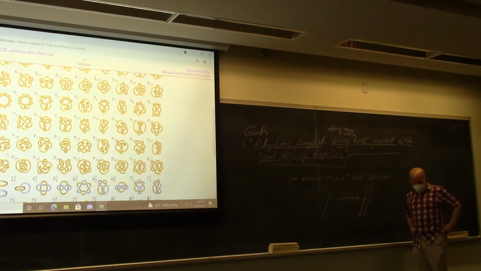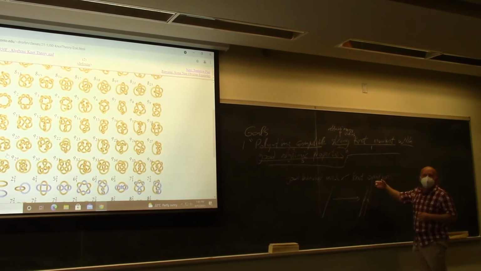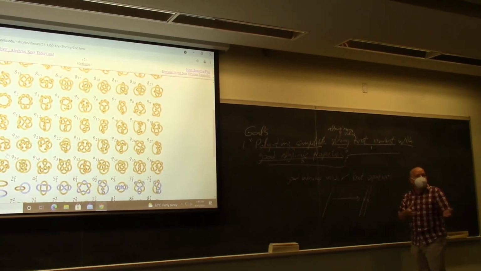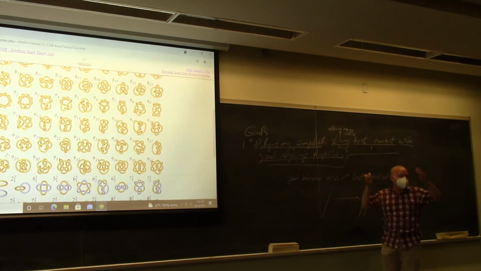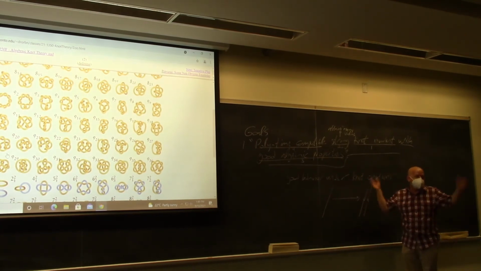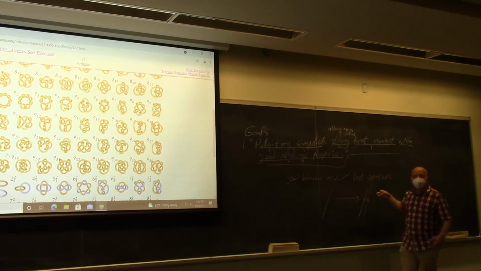Now, what does good behavior mean? Operations form a structure, right? In a group, you have multiplication, and it's associative, and whatever, I don't remember the definition for it. So these operations or knots also form a structure.